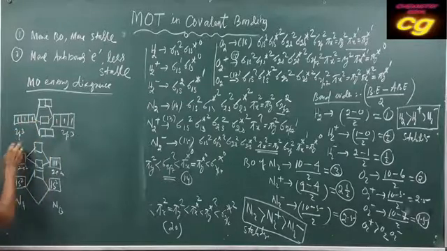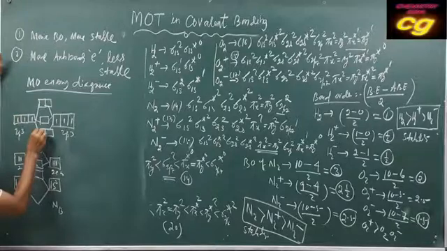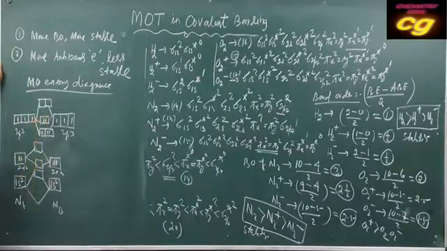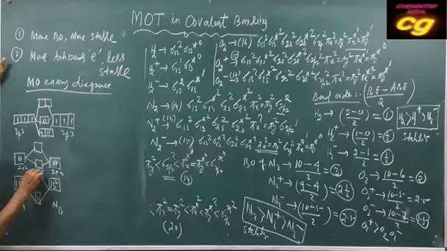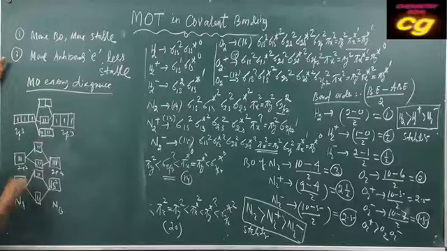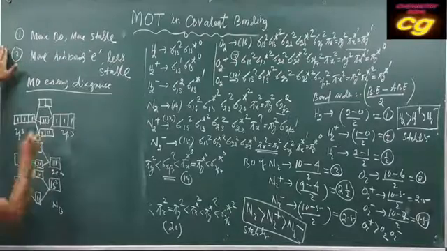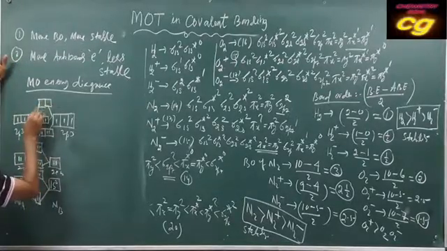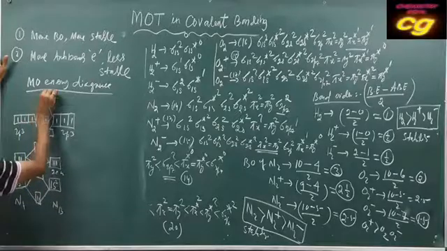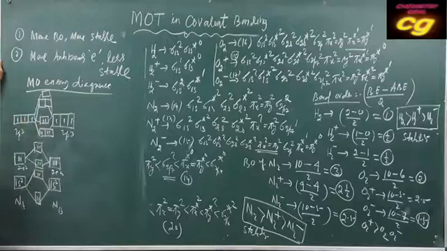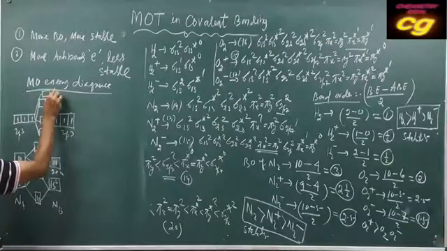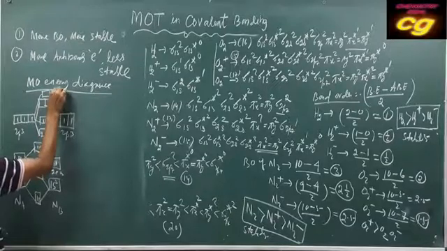So here 6 electrons you can fill up: 2, 2, 4, 2, 6. Here it will be 2, 2, here 2, 2, like this. And here vacant, another star also remaining, but the star is just vacant: sigma 2pz star.